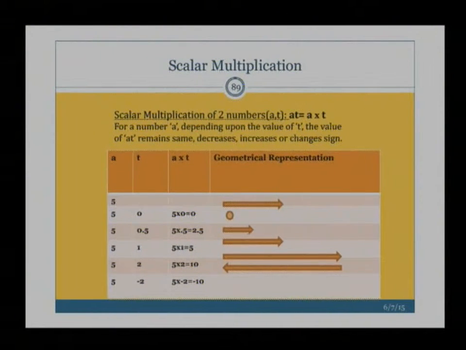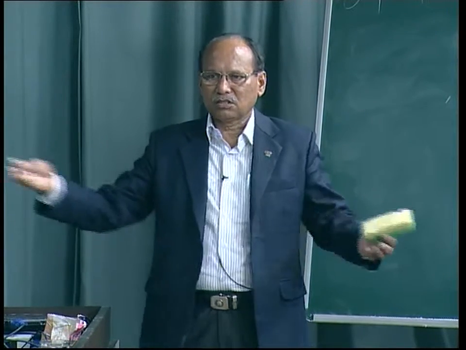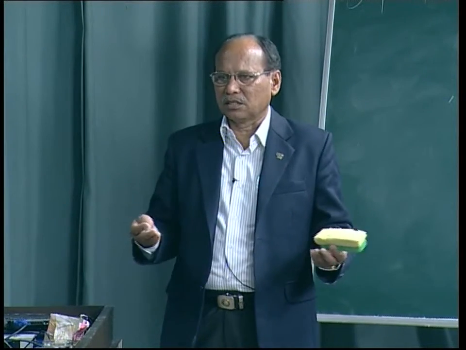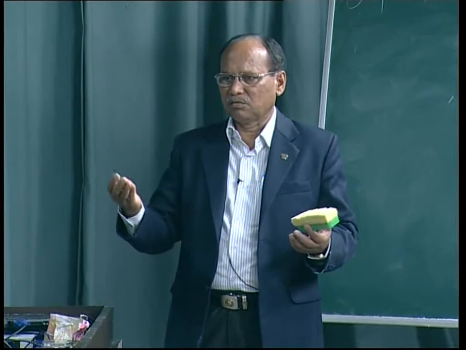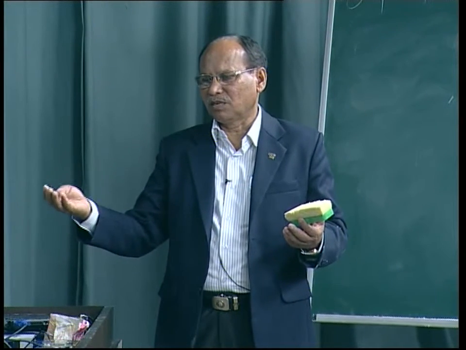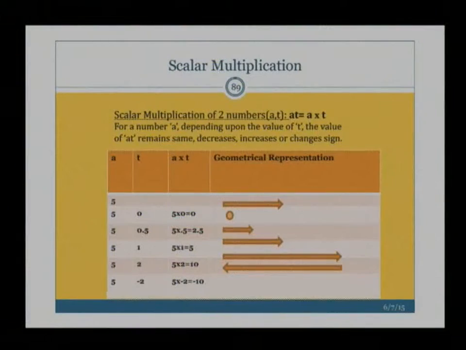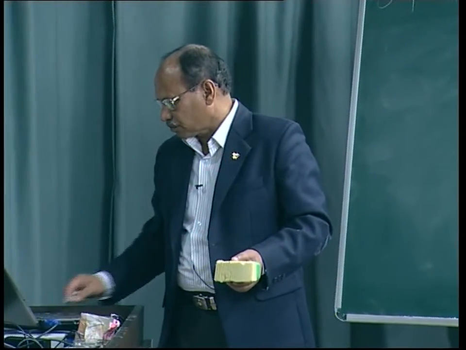If you multiply with 0.1, it will be 0.5. So this expansion and contraction goes on happening with multiplication, is it not? And sometimes 5 into minus 1 will be minus 5, it will move the other way. That same thing will happen with matrix multiplication also.